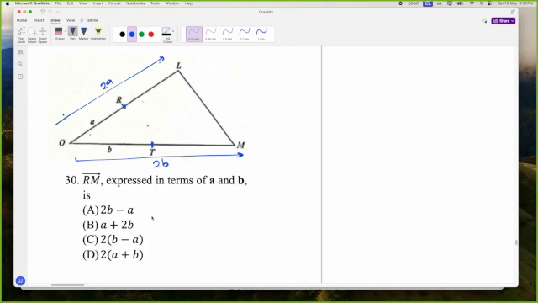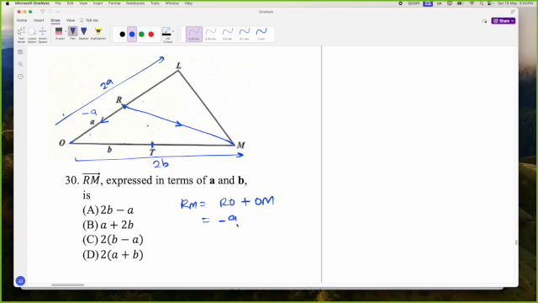RM, expressed in terms of A and B. RM. So if I want to drive from R to M and the road is blocked, I will drive from R to O and then from O to M. R to O going in this direction will be minus A. So I could say here RM will be equal to RO plus OM.